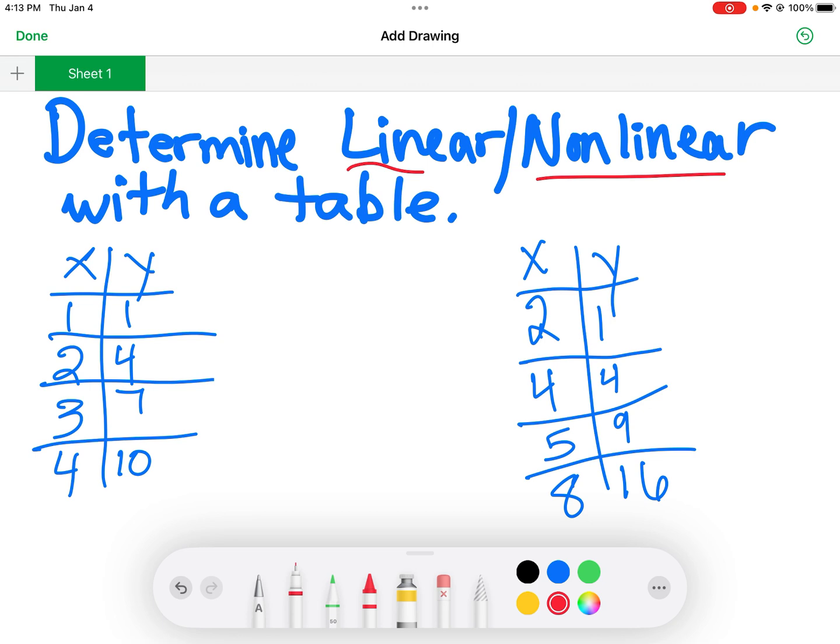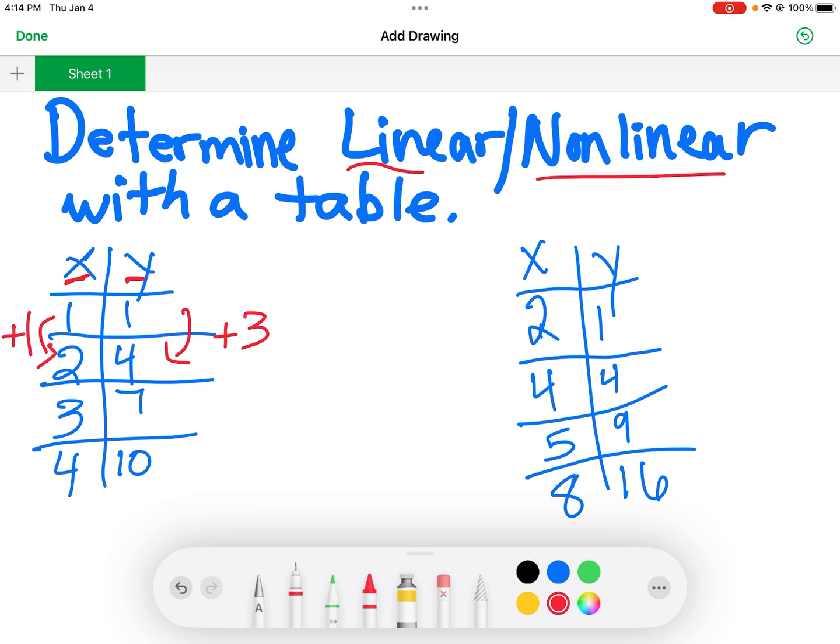And the way that you'll do that is by looking at that slope, so that change in y and that change in x. So here we'll look at the change in y first. First it goes from 1 to 4, which is a change of positive 3. And then our change in x is from 1 to 2, which is positive 1.